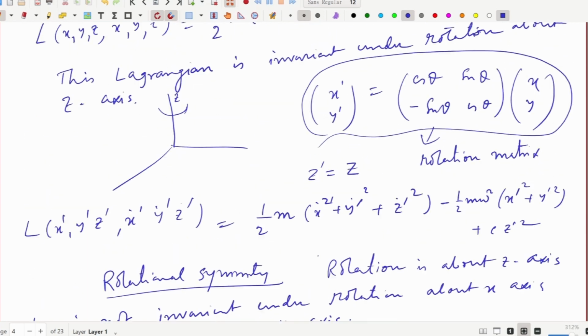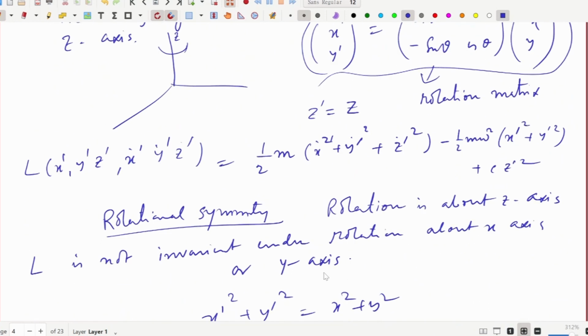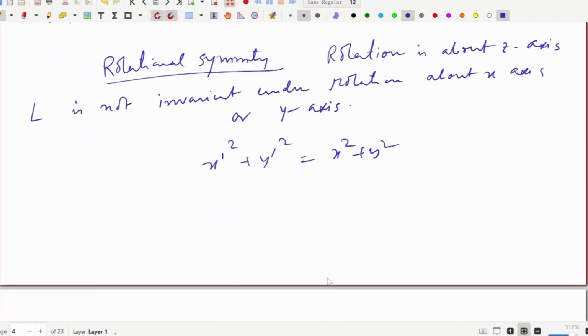So, when you look at your Lagrangian, this x square plus y square term has the same coefficient, and immediately you can say that this term will be invariant under rotation about the z axis. So, immediately we can say that this Lagrangian is invariant under rotation about the z axis. So, m z, that is, the z component of the angular momentum, will be conserved.